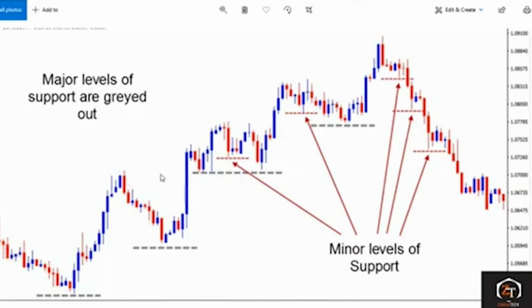Let's assume you throw a ball up, it bounces on the floor, goes up again, bounces again on the floor. Understand what support is: more like a floor where the market tends to hit and repel, hit and repel. That is major support or minor support.